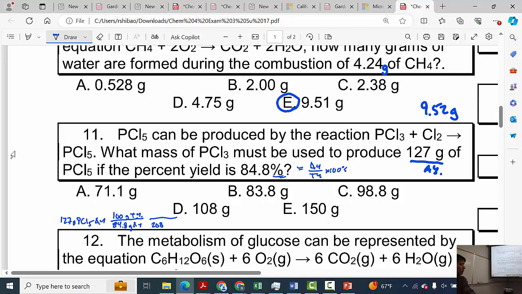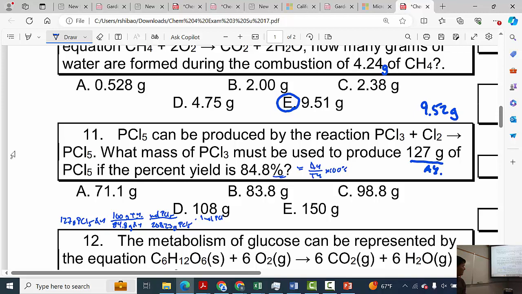Let me just recalculate: 30.98 plus 5 times 35.45. I got 208.23. I would just go 2 decimal places because that gives me 5 sig figs. That's more than enough.